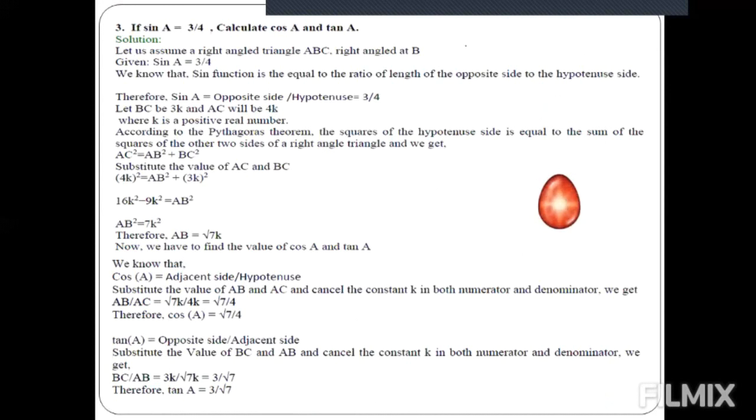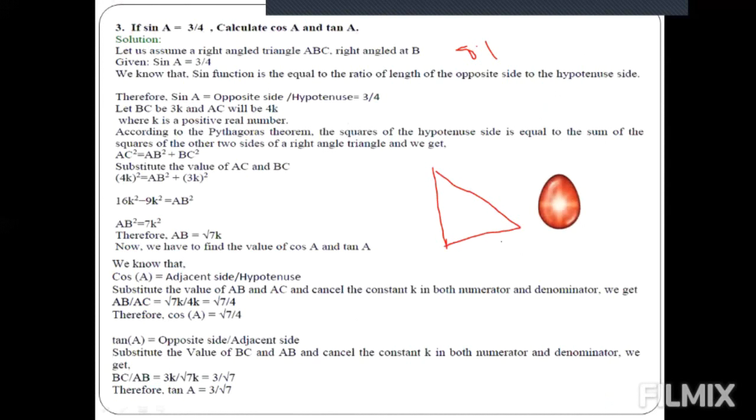This is from exercise 8.1. If sine A equals 3 by 4, calculate cos A and tan A. So in this, we need to draw a small right angle triangle.